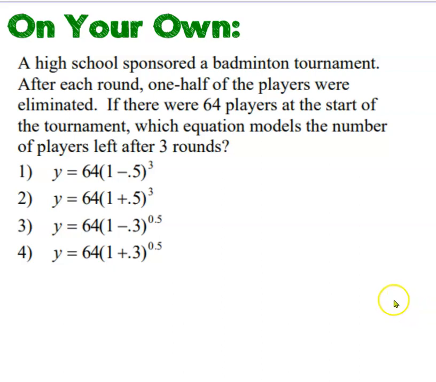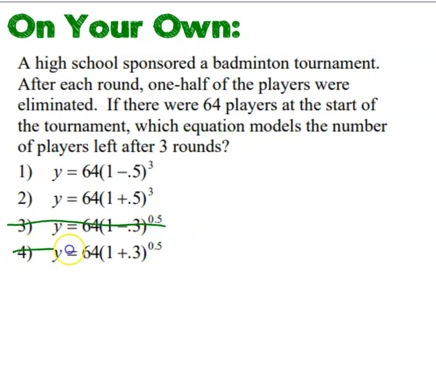Pause the video, take a minute to come up with your answer. Okay. A high school sponsored badminton tournament is hosting 64 players. That makes sense. It says how many will be left after 3 rounds. So that's the length of time. So these do not make sense.